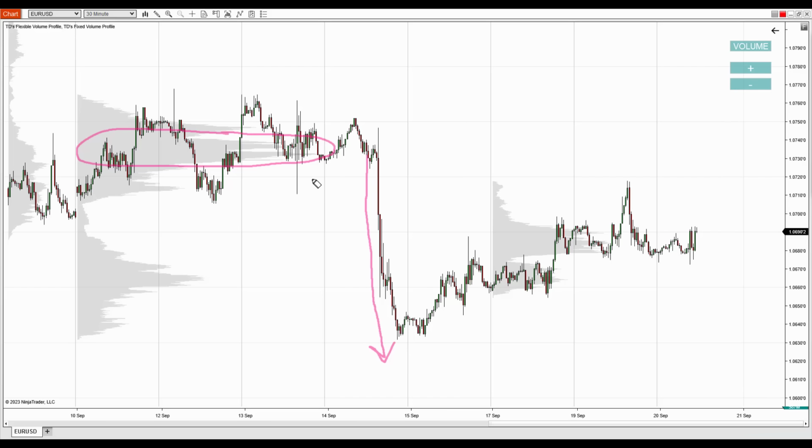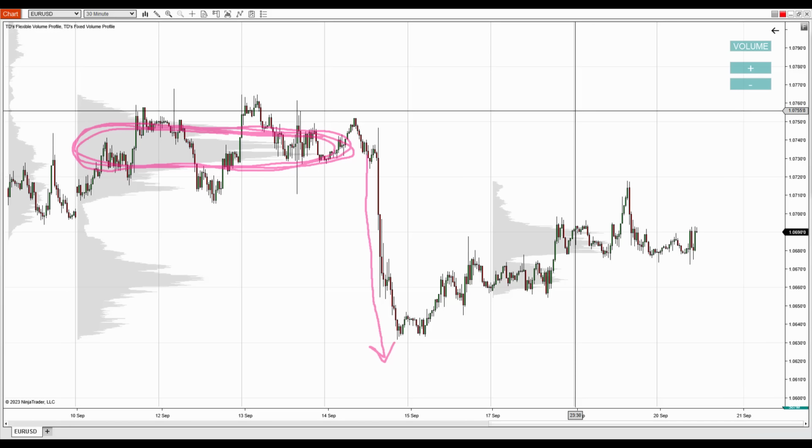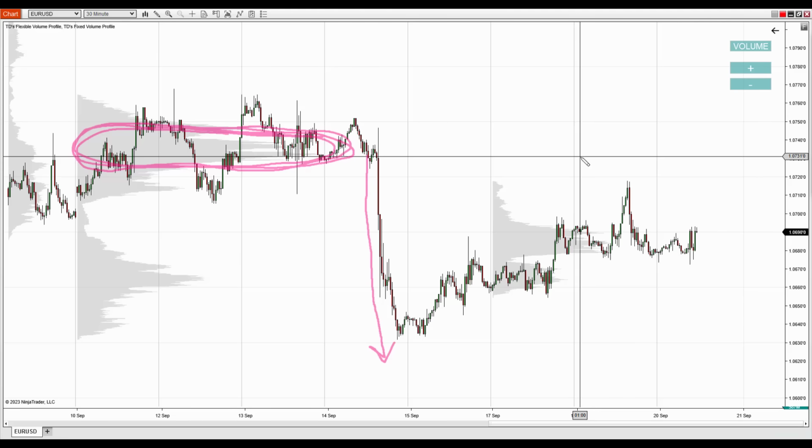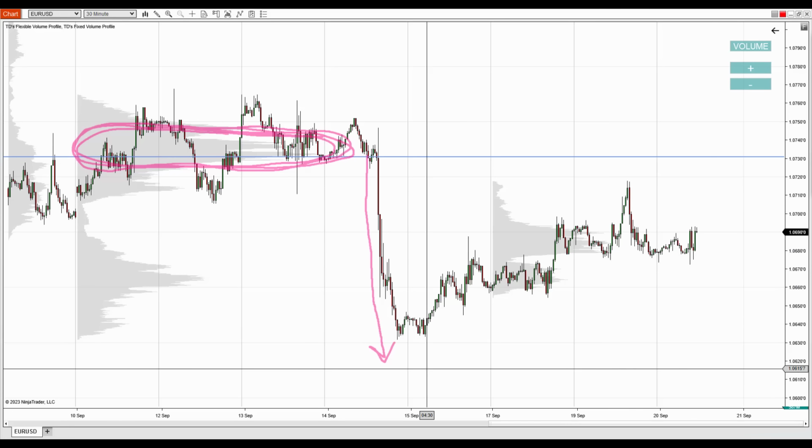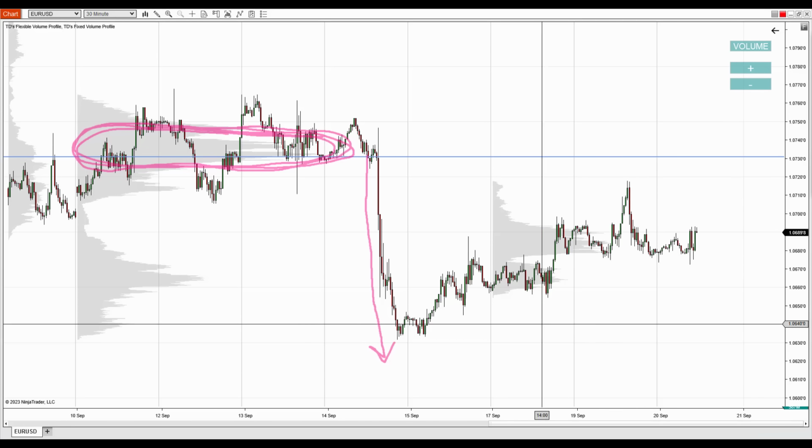This tells me that the big trading institutions were accumulating their short positions in here, and when they were done, they manipulated the price into a sell-off. This sell-off is telling me that big institutions were accumulating shorts here. What I do is I draw a line here and wait for the price to make a pullback to that line.